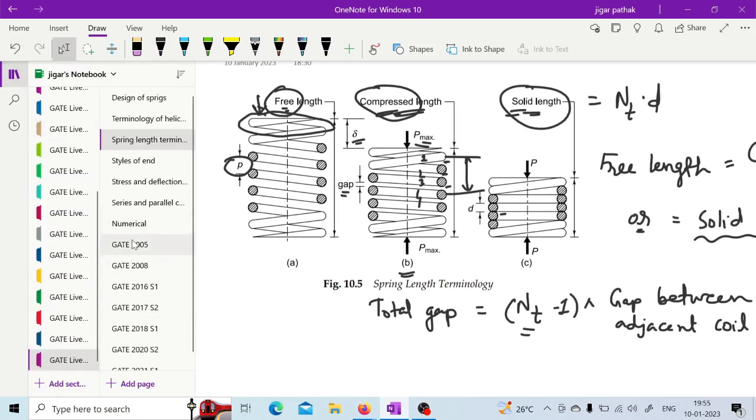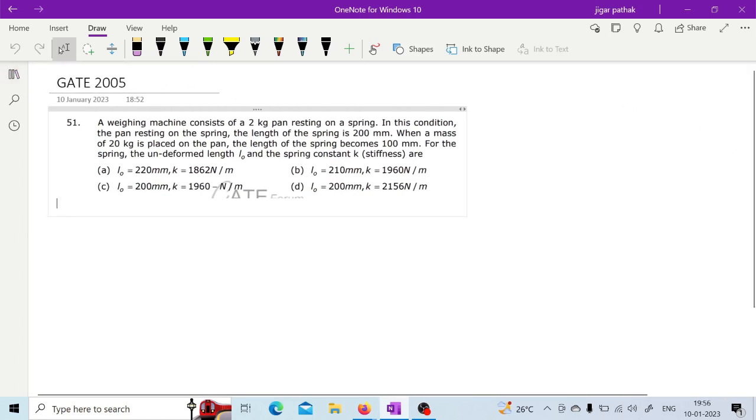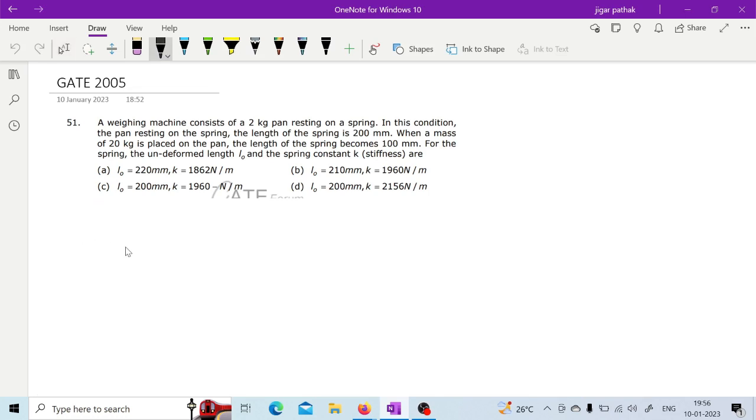So here if you go to this question, can you try this question? B is correct. Anyone else got this answer? See, here you are given two different conditions, right?